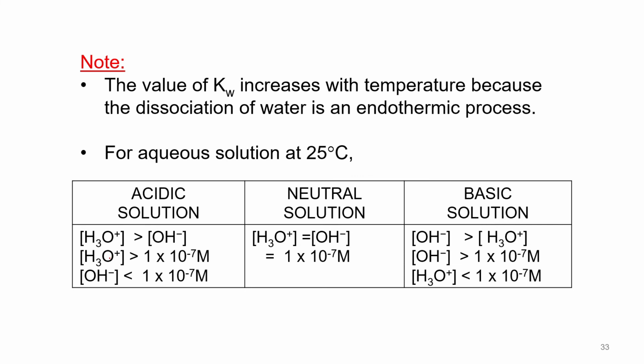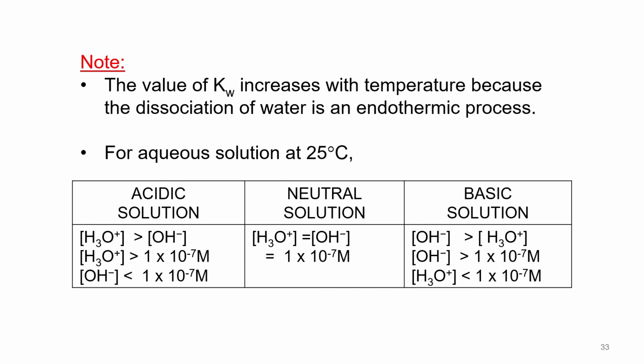Then H3O plus is greater than 1 exponent negative 7 molar, and the concentration of OH minus is less than 1 exponent negative 7. For a neutral solution, untuk larutan yang neutral, the concentration of H3O plus equals the concentration of OH minus, which is equal to 1 exponent negative 7 molar.